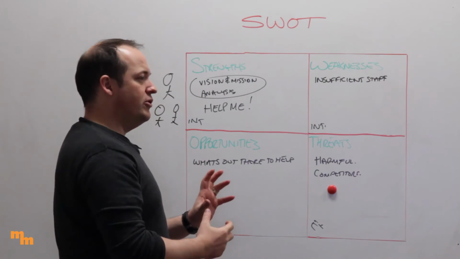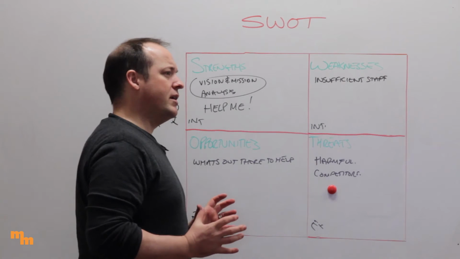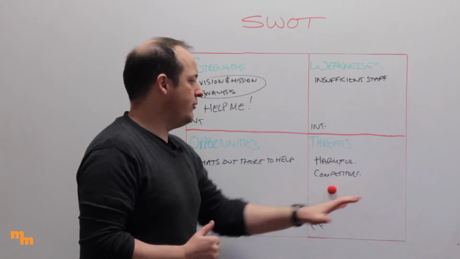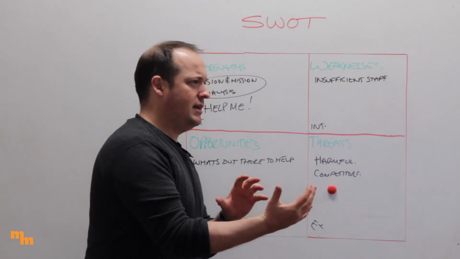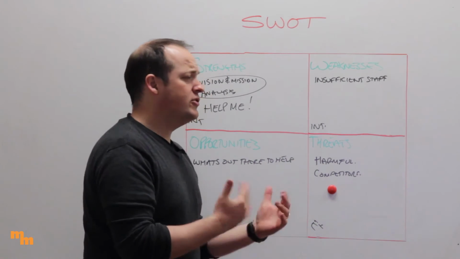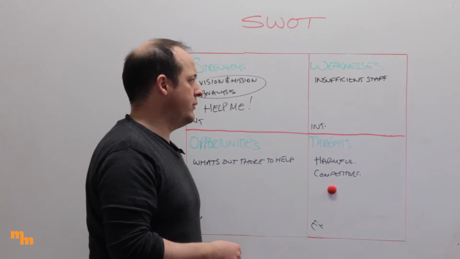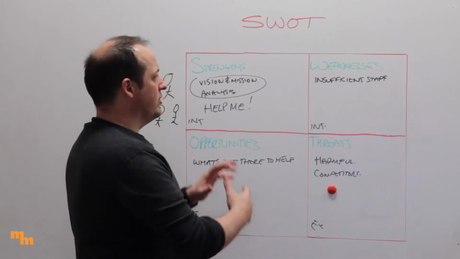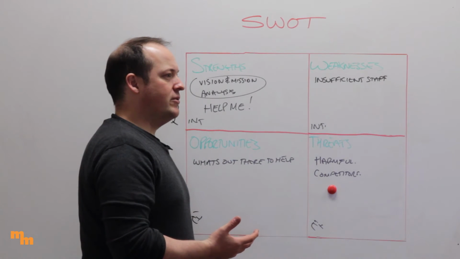Okay, I know what the opportunities are out there, so I've gone out and looked at where I can find the information and how that's going to help me and what I can use to my advantage. I've thought about the threats, so what's happening out there, my competitors or even my own internal aspects that I need to start considering really quickly, and I've put them all into my matrix so I can really start to see what's going on.